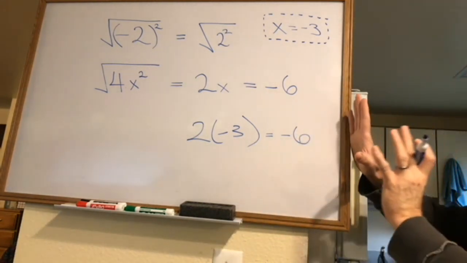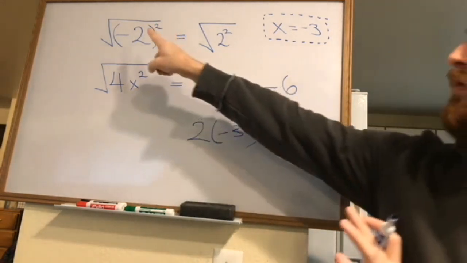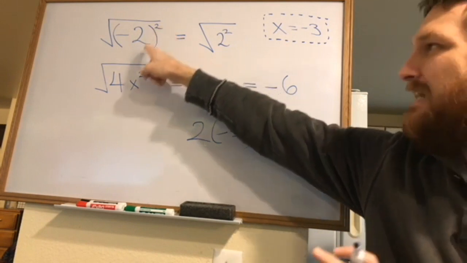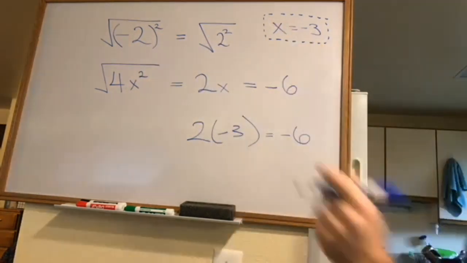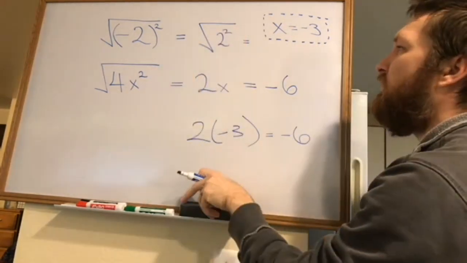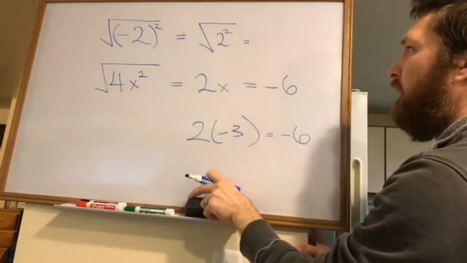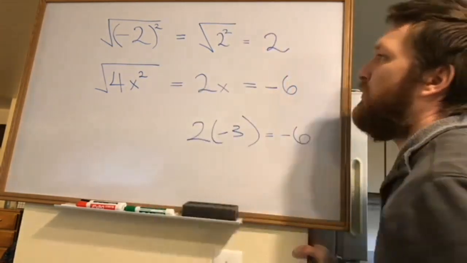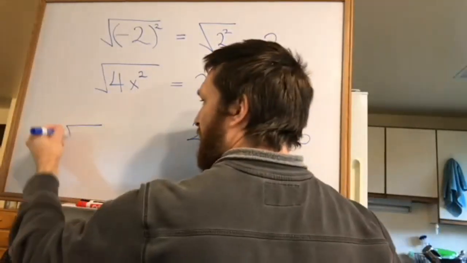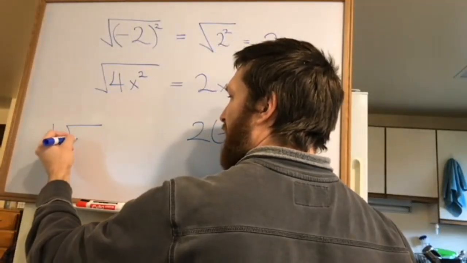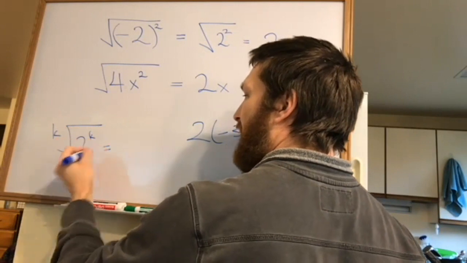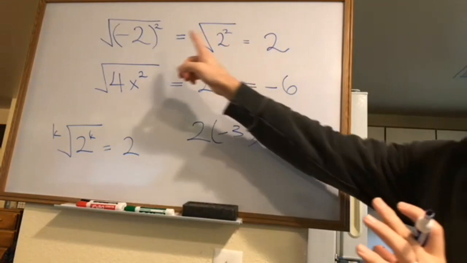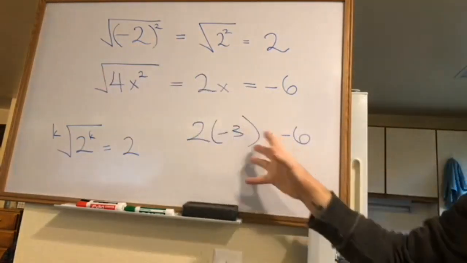So just like what we said before, when you have a negative number and you square it, it's the same thing as the positive number here. And so then what comes out? What's the square root of 2 squared? 2. 2, right? I mean, this was part of your homework. Like any number here, and you have, say, 2 to the k, it's equal to just 2, unless that original number was a negative number.